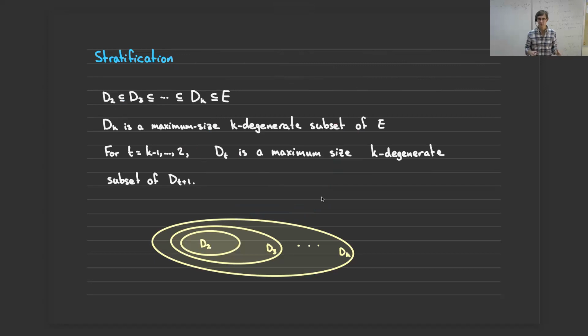Nevertheless, we're still going to do the same kind of thing we did for planes. So for some fixed k, I'll take the largest k-degenerate set in my matroid. Within that, I'll take the largest (k-1)-degenerate set, etc. And we call this structure a stratification of the matroid.